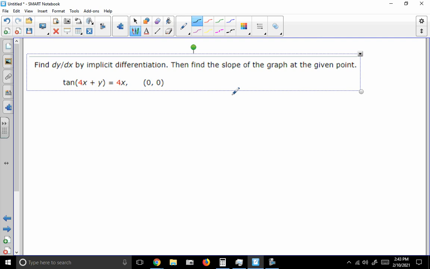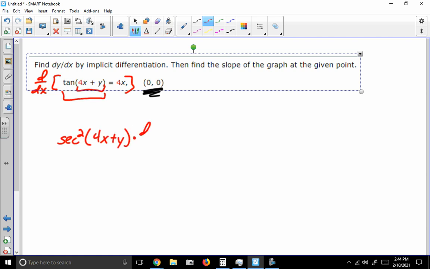Let's do another one, and then they ask us to find the slope at a specific point. So if we differentiate this with respect to x, we have to use the chain rule. We have an outside function and an inside function. So the derivative of tangent is secant squared. And then we have to multiply that times the derivative of the inside function.